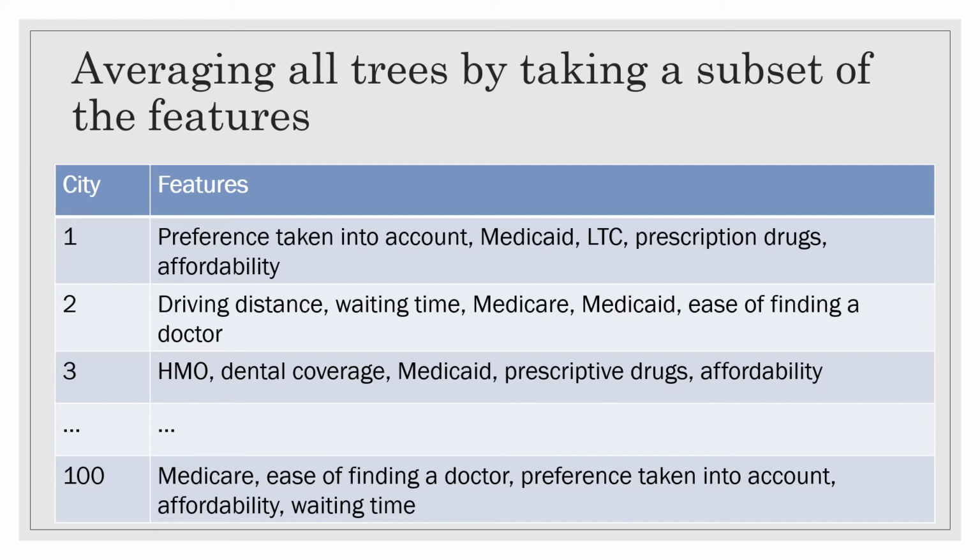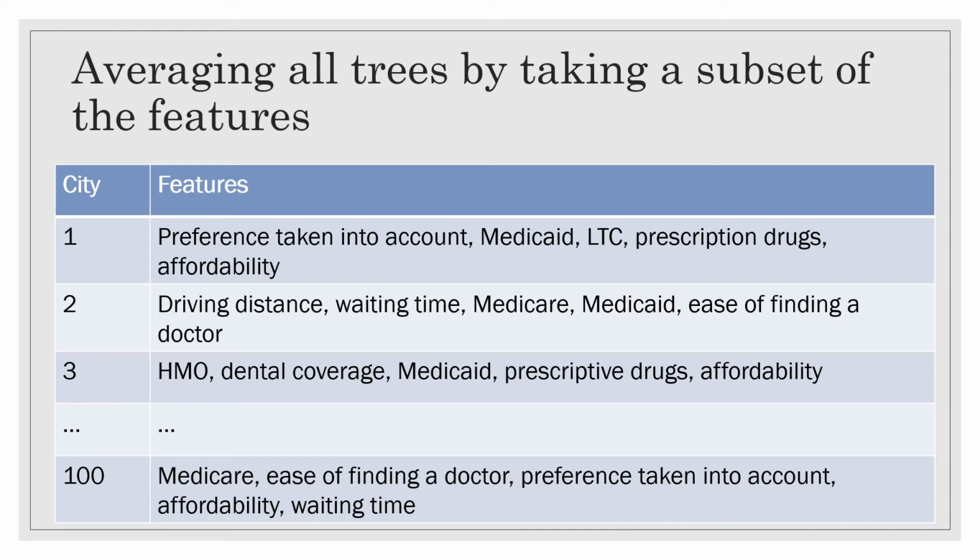And the random forest averages all these decision trees that are conducted based on a subset of the determinants of healthcare satisfaction. For instance, we want to assess healthcare satisfaction of people living in different cities in the US.